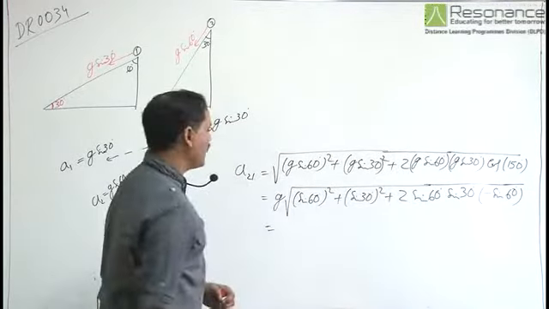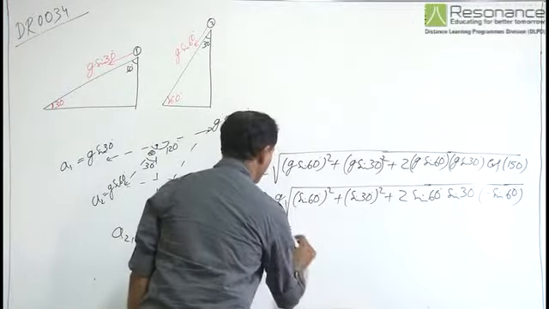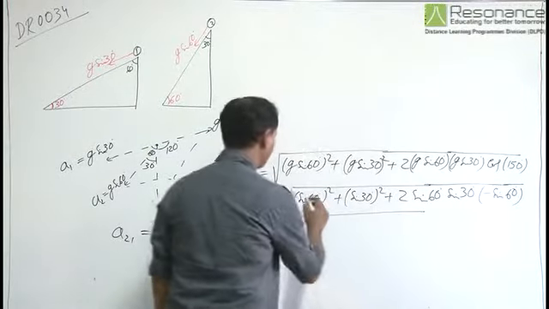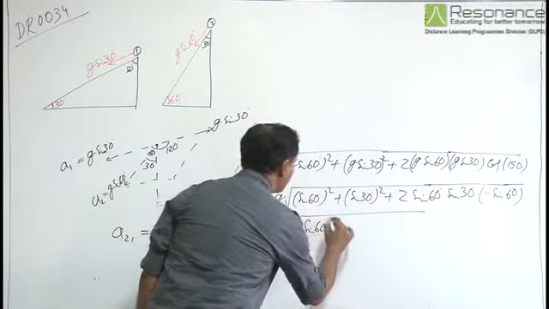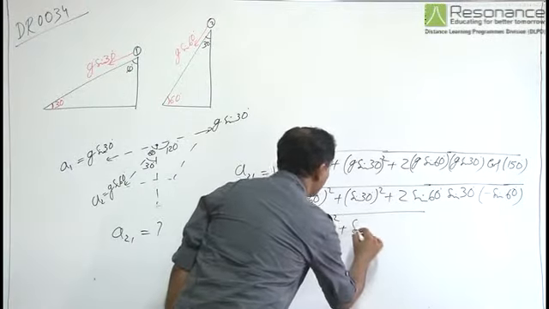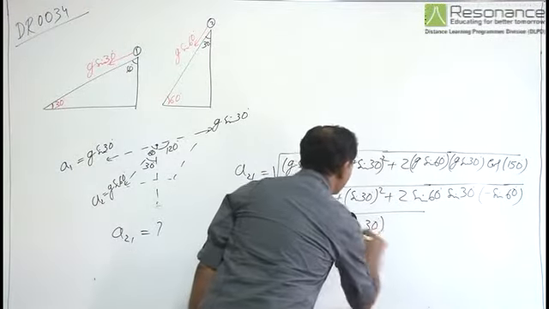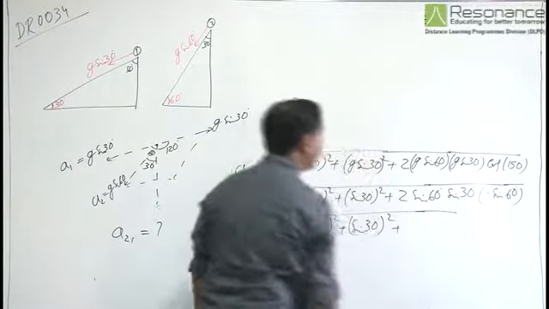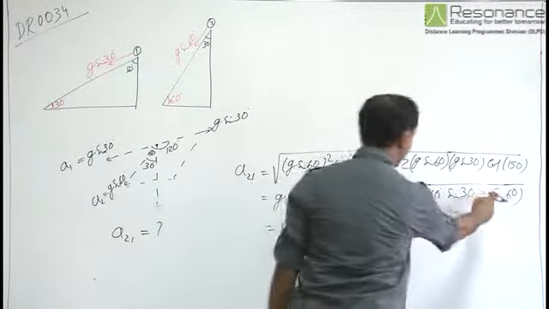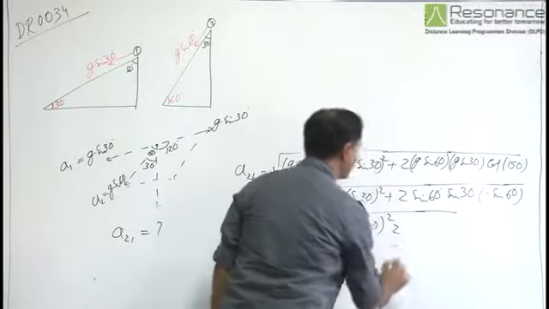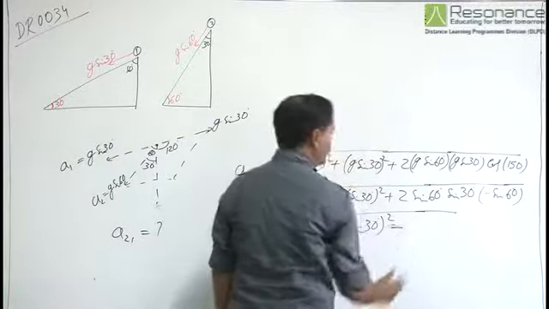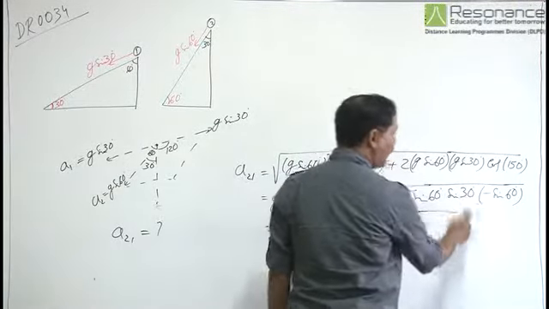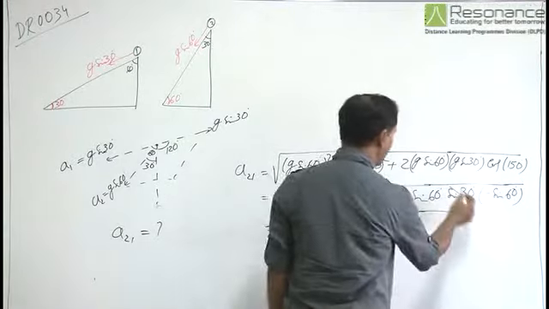So from here we have g root of sine 60 square plus sine 30 square plus, now this minus comes out here, 2 and sine 30 is half, so this is cancelled.